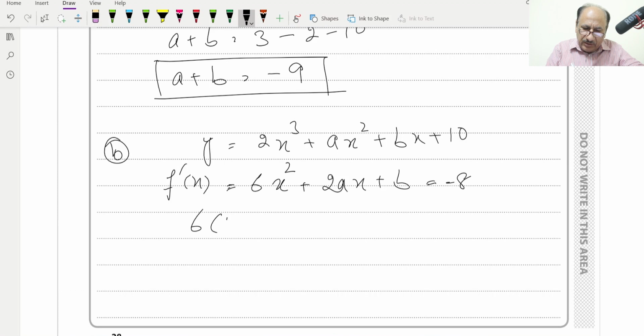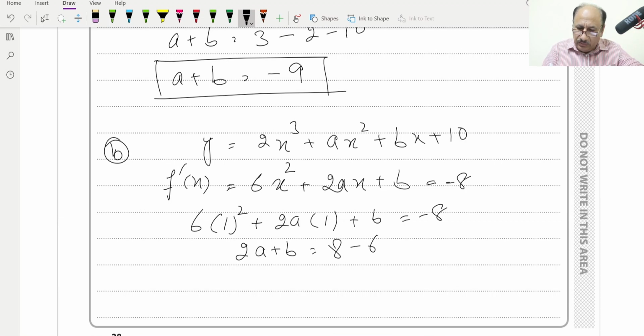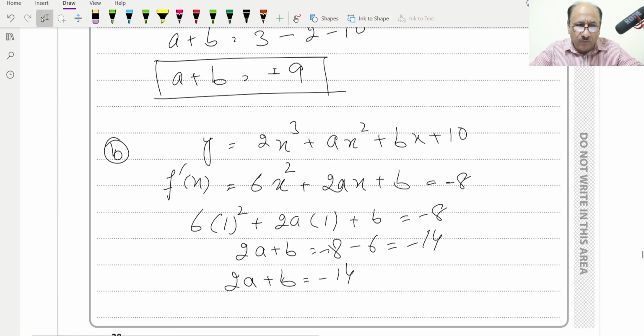So 6 into 1 squared plus 2a into 1 plus b is equal to minus 8. So 2a plus b is equal to minus 8 minus 6, which is minus 14. So 2a plus b is equal to minus 14.